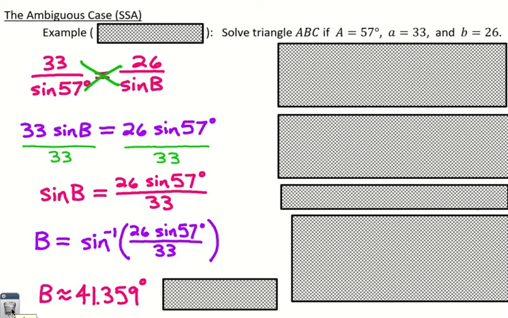But I hope from everything we've done so far in the first 2 units of trigonometry, this isn't a total shock that this is not the only possible answer for angle B. If you're solving an equation like this, the sine of what angle will get you whatever that is?